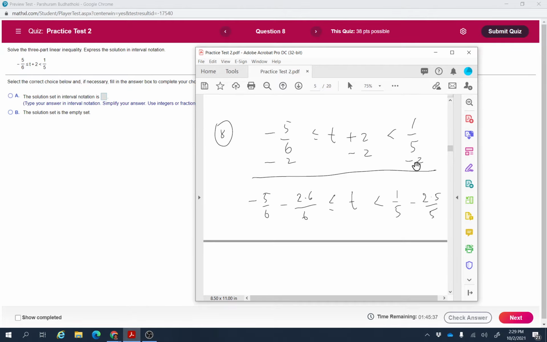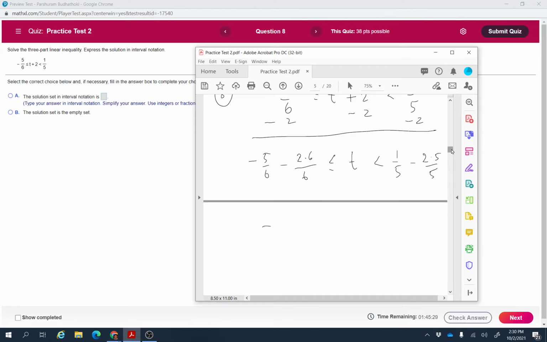It should be negative 2 only, but we are subtracting it from a rational number, so we have to make the same denominator. On the left side, negative 5 minus 12 over 6, because they have the common denominator, you can just copy everything. And the same thing here, 2 times 5 is 10 over 5. So negative 5 minus 12 is negative 17 over 6, and here it's negative 9 over 5.